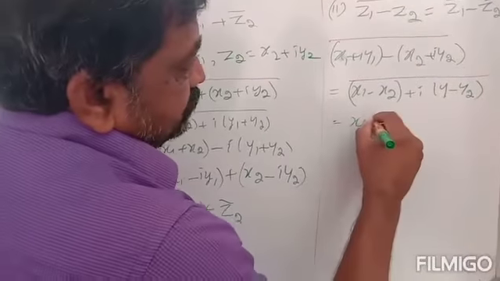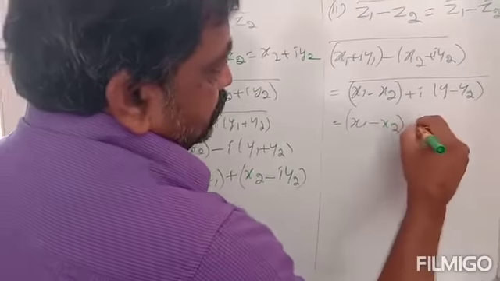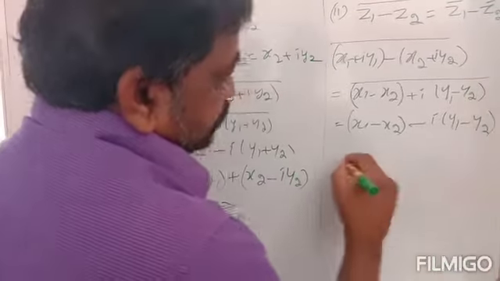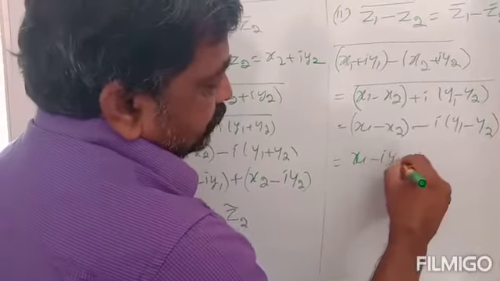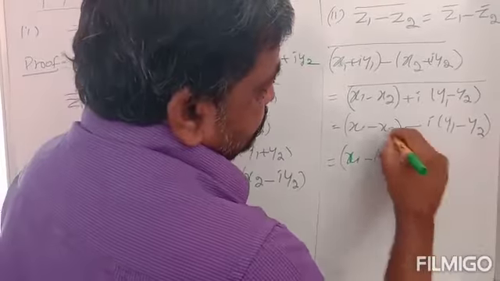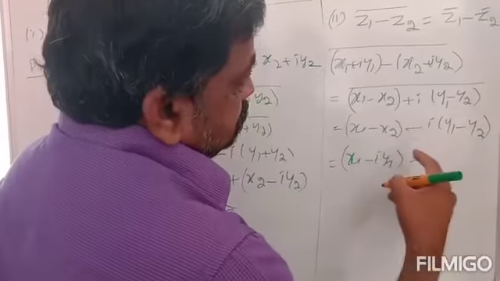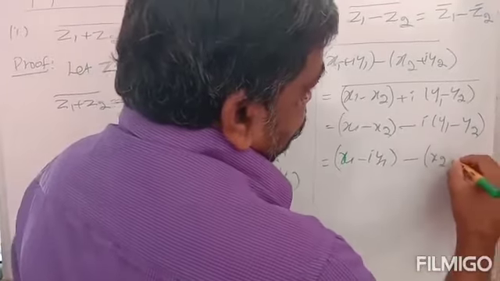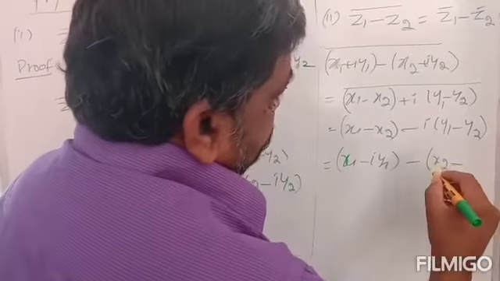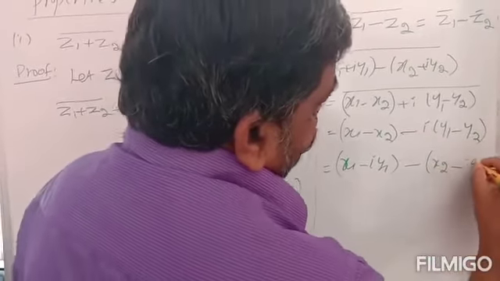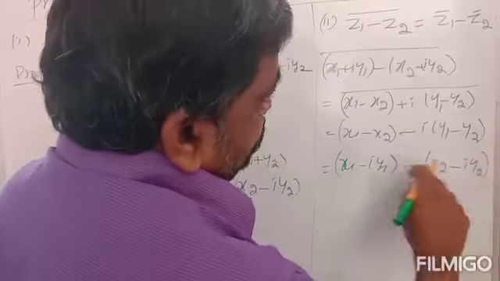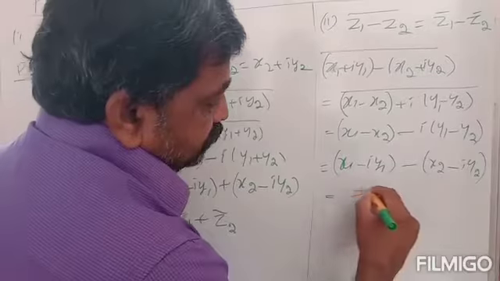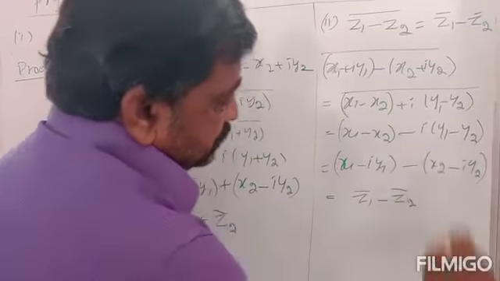So that is equal to x1 minus x2 minus i into y1 minus y2. So that is equal to x1 minus iy1 minus x2 minus iy2. So that is equal to z1 bar minus z2 bar.